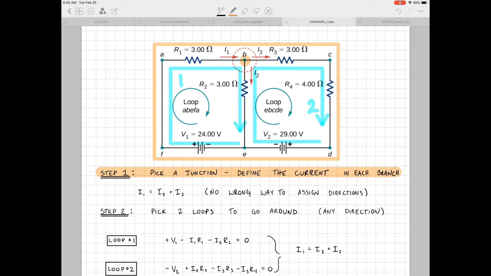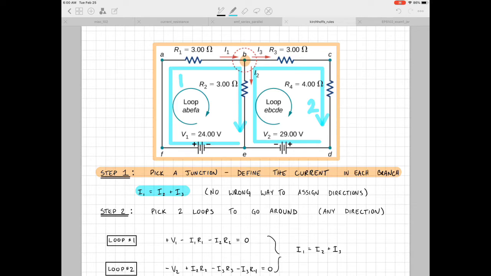Again, this is completely arbitrary, but you need to pick the directions of the current in those 3 branches and then write out the expression that relates the currents in each of those branches. In this particular case, the book already chose the directions, so I'm writing down the algebraic expression, but there's nothing special about that choice.